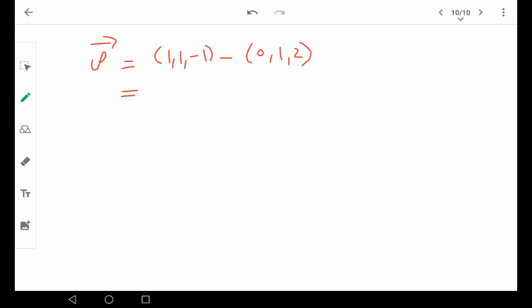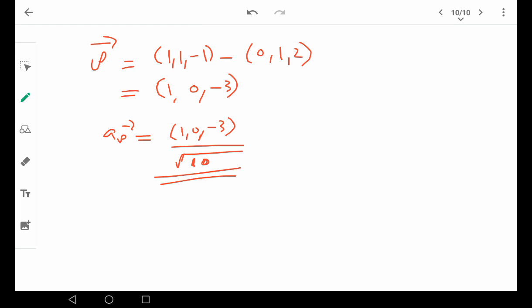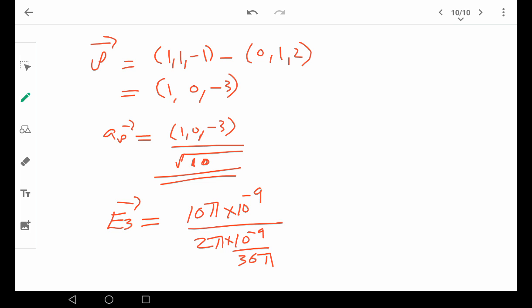So you can get it as 1, 0, minus 3. So you can write rho equal to 1, 0, minus 3 divided by square root of 1 square plus 3 square, that is square root of 10, isn't it? Now you can find out what is E3. You can write E3 equal to 10 pi into 10 raised to minus 9 divided by 2 pi epsilon 0, that is, into 10 raised to minus 9 by 36 pi into rho.